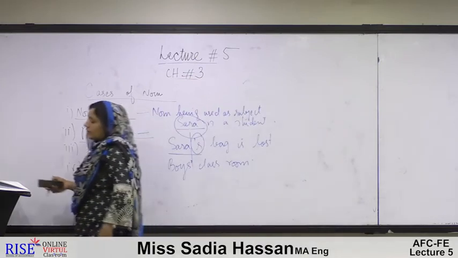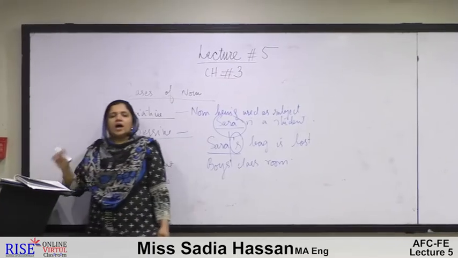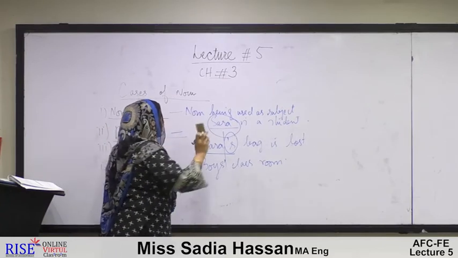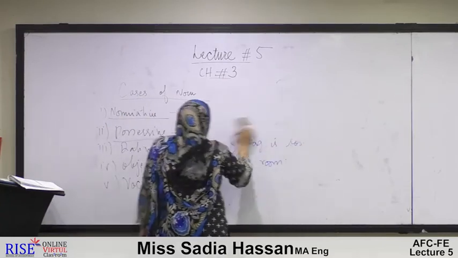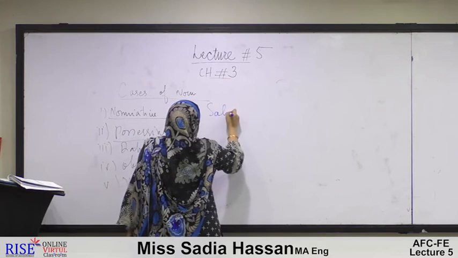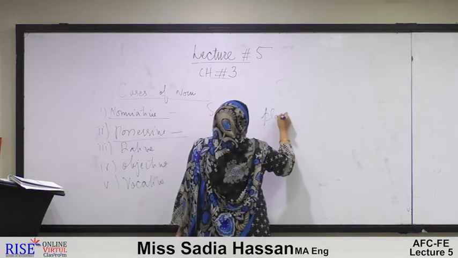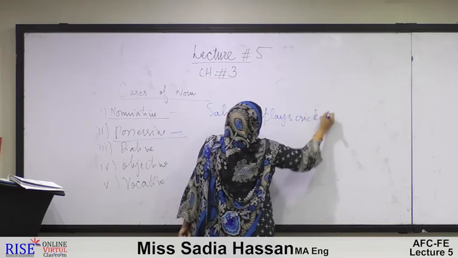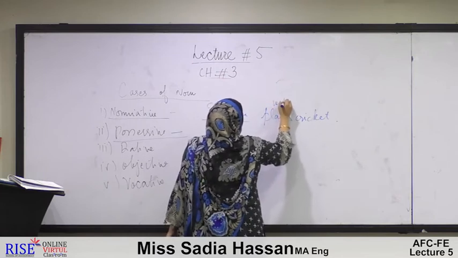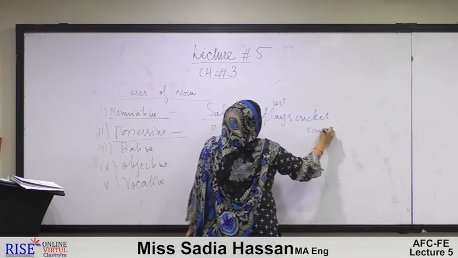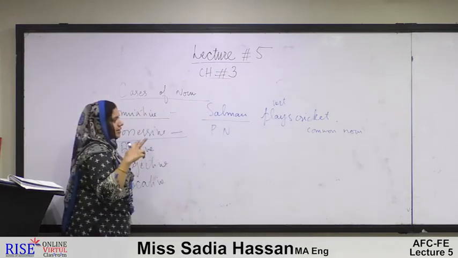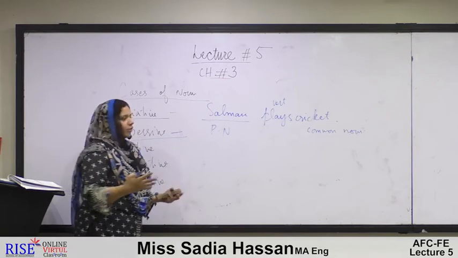By dative case, what do we mean by dative case? A noun is used in a sentence both as a subject as well as object. For example, if I say Salman plays cricket. Here Salman is a proper noun, plays is a verb, and cricket is a common noun. Now there are two nouns in a sentence, but both of them are playing different roles.